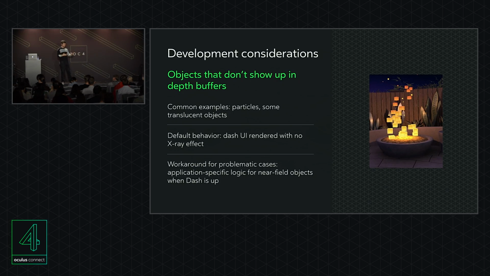It's usually OK for those elements in the scene to disappear, and it's more important to make sure that the static geometry is really cleanly represented in terms of any overlay with the UI. But if you do actually have a problematic case, like a particle system that's constantly in the near field that's important to your experience, one thing that you can do is look for when the overlay is present and write application-specific logic to hide those elements.